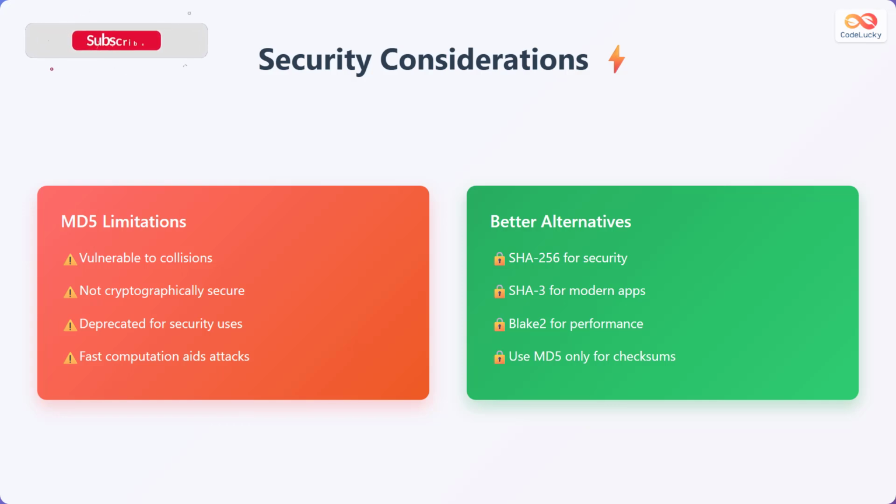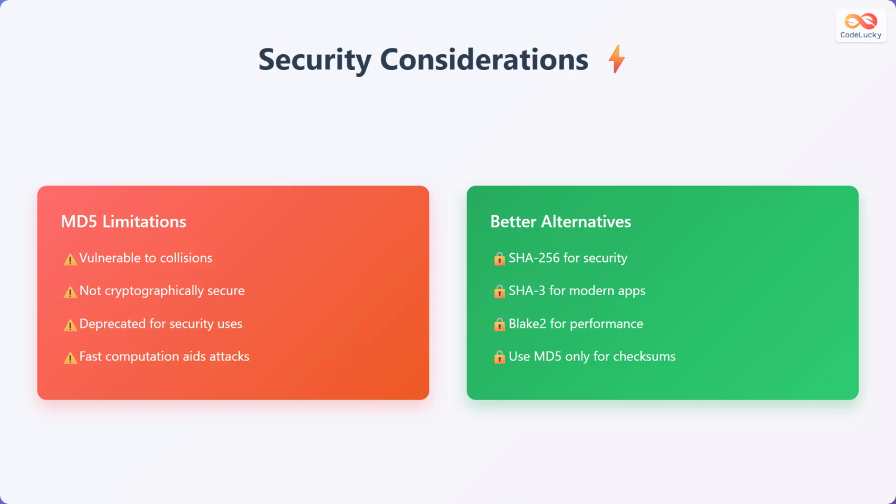While MD5 is useful for checksums, it has important security limitations. MD5 is vulnerable to collision attacks, where different inputs can produce the same hash. It's no longer considered cryptographically secure for security-critical applications and has been officially deprecated for such uses. The fast computation that makes MD5 efficient also makes it easier for attackers to perform brute force attacks.